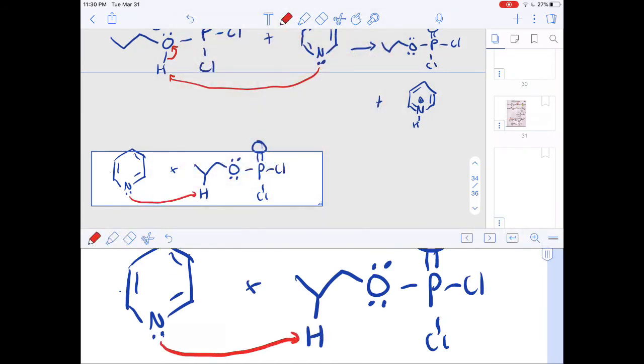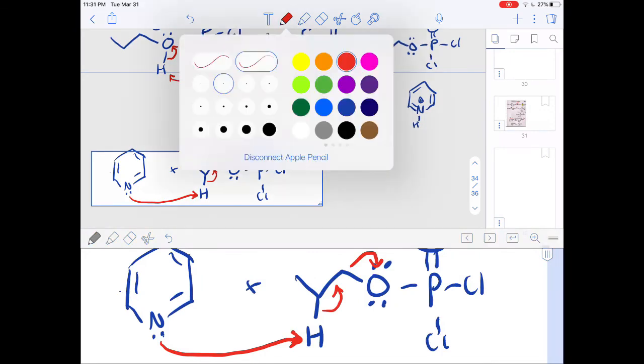Okay. So these electrons are going to pull this hydrogen, like I said. And then these electrons are going to return to the molecule. And because this carbon already has two hydrogens on it and doesn't want more than 4 bonds, it's going to kick off the OPCl2 part of the molecule. And this right here is going to form the double bond, by the way, if I didn't make that clear.